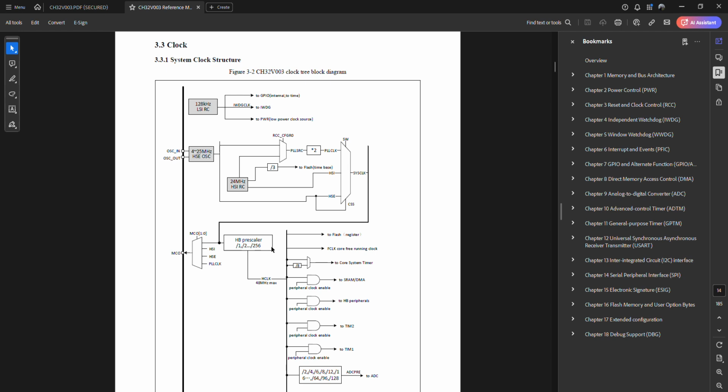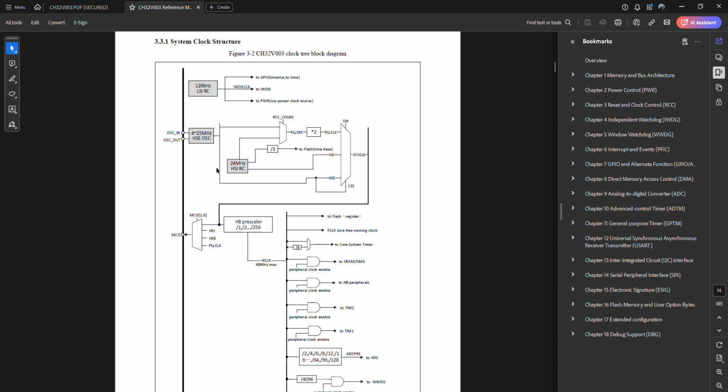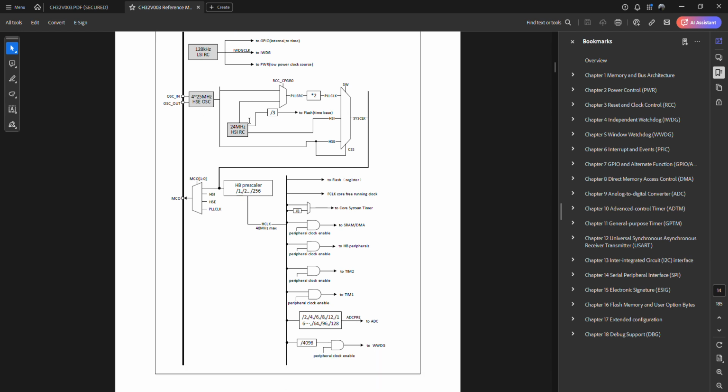If we see, for example, the clock structure, it is quite similar to the ones we see with STM32s. There are options for an internal high speed oscillator and an external oscillator as well, and there is a less precise internal low frequency oscillator, and these clocks can be used with a number of peripherals.